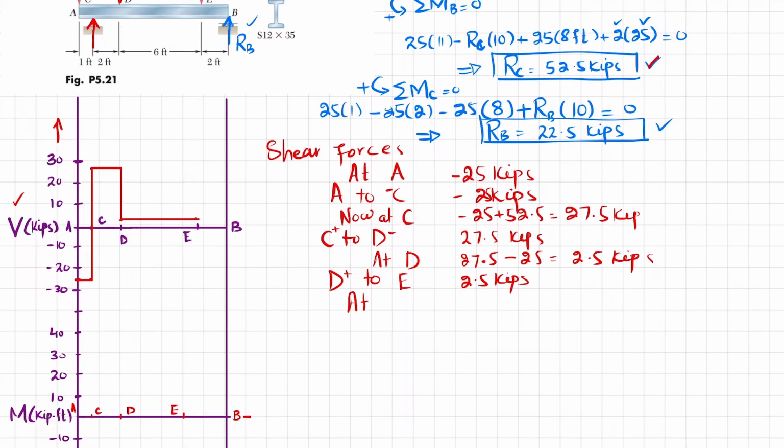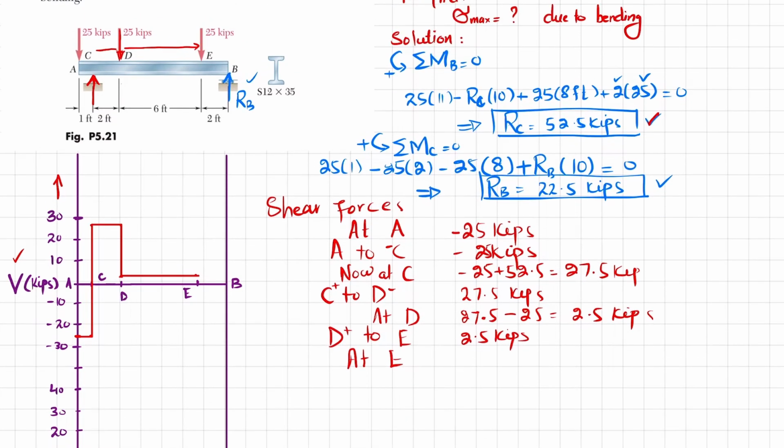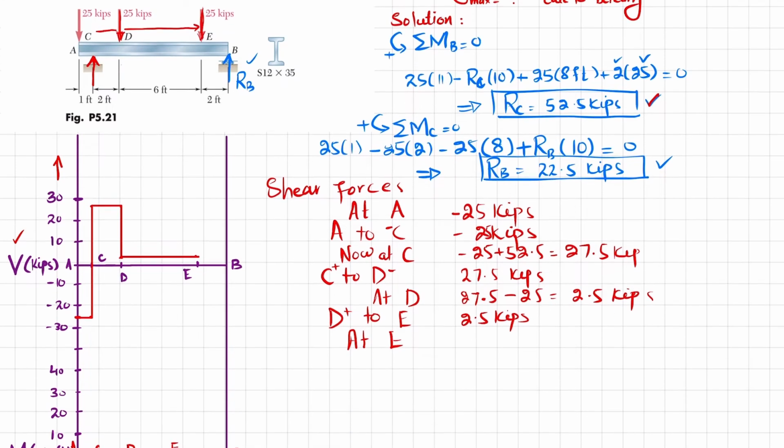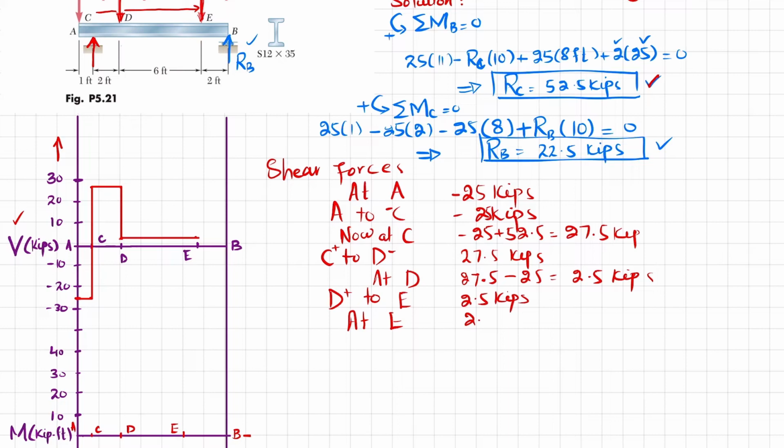At point E, you can see there is a load of 25. So the load will be 2.5 minus 25, and that will be equal to minus 22.5 kips. So minus 22.5 will be somewhere here if I project it. So the load will change from this to this. Okay.